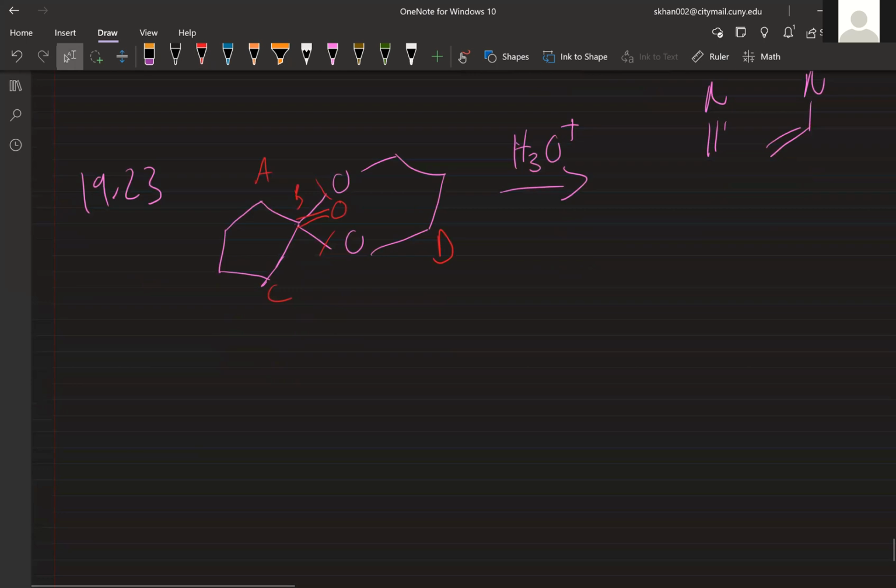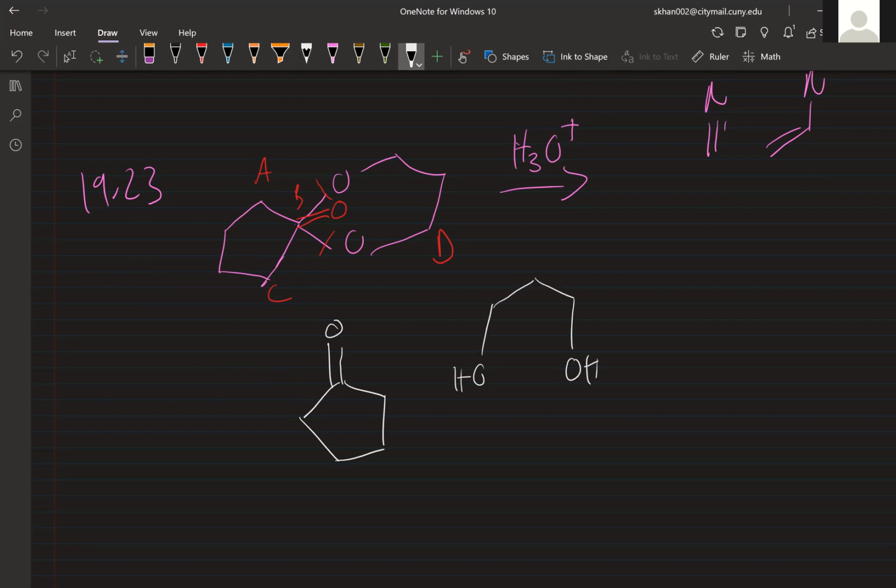So our original compound, let's use a different color, would be first the pentanone, I guess, and then the other side product would be that diol there.